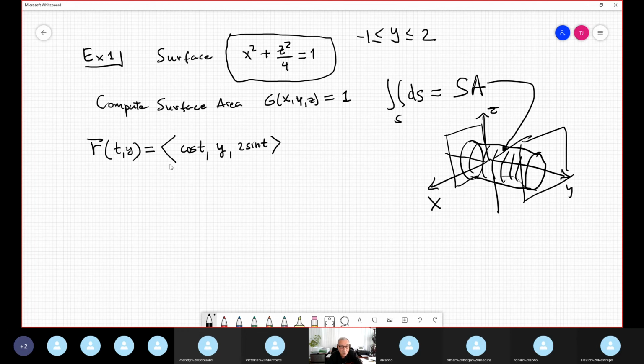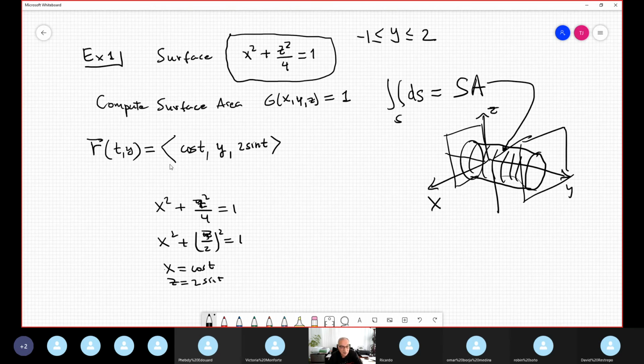Well, from the equation x squared plus z squared over 4 equals 1, x squared plus (z over 2) squared equals 1. So there I declared that x is cosine t, and z is 2 sine t.